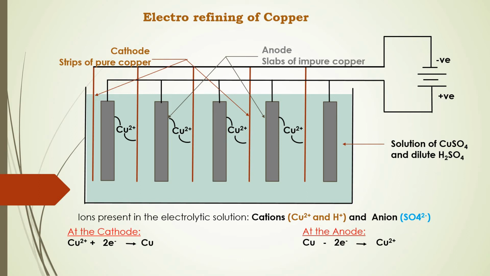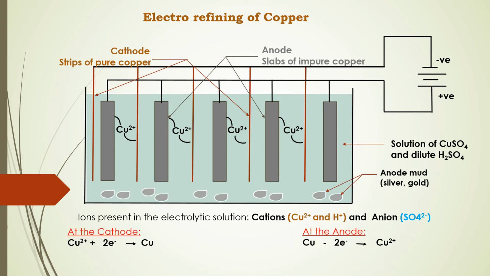It is 99.9% pure. This is how the refining of copper takes place using electricity or following electrolysis, and it is called electro refining of copper.